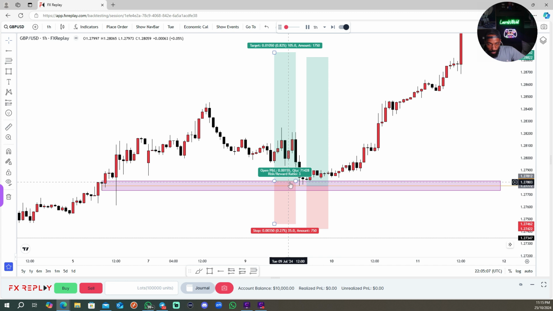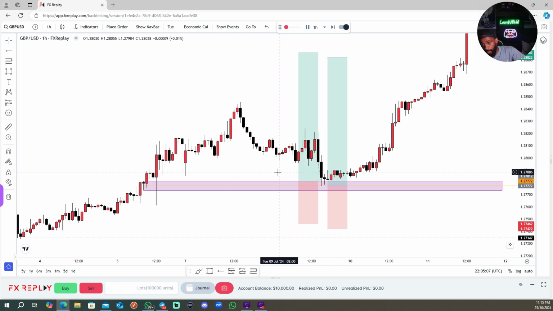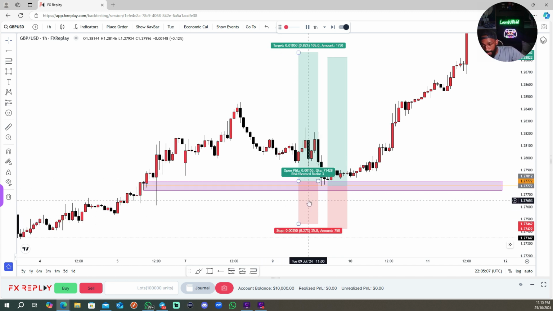Now, on the flip side to this, guys, we now know that if we're risking 35 pips per trade, that means, if you guys are following this, which you should be, you should always risk 1% per trade. Whatever percentage you're risking each trade, that's spread across the amount of pips your stop loss is.